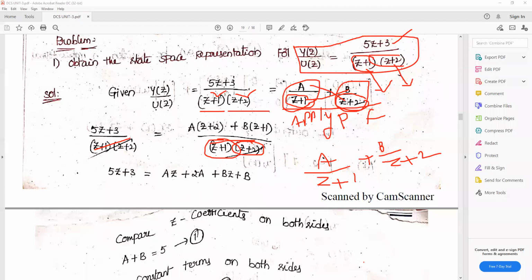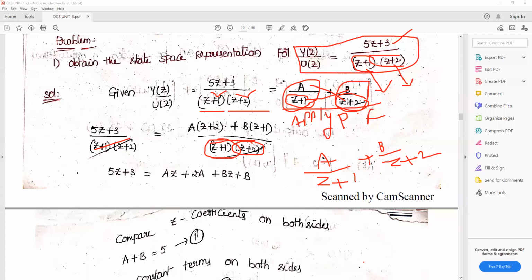So y of z is equal to -2 by z plus 1 into u of z plus 7 by z plus 2 into u of z.